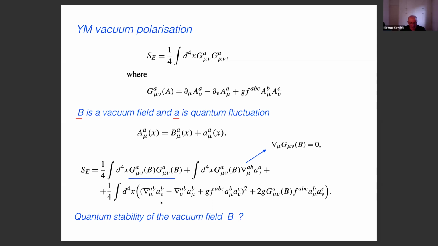It's almost obvious. And then there are these nonlinear terms. As you see, if you take the square, there will be some quadratic terms coming from here. Here is another quadratic term, and there will be cubic terms, multiplication of this, and the quartic terms when this is in square.